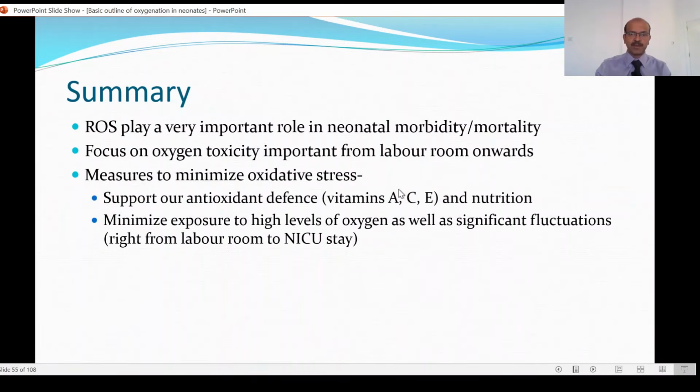Vitamin A, as we know, has a role in BPD, but it's involving 3 intramuscular injections weekly in the tiny babies, and so the uptake in the community is not very high. We should minimize exposure to high levels of oxygen as well as significant fluctuations right from the labor room to the NICU stay.